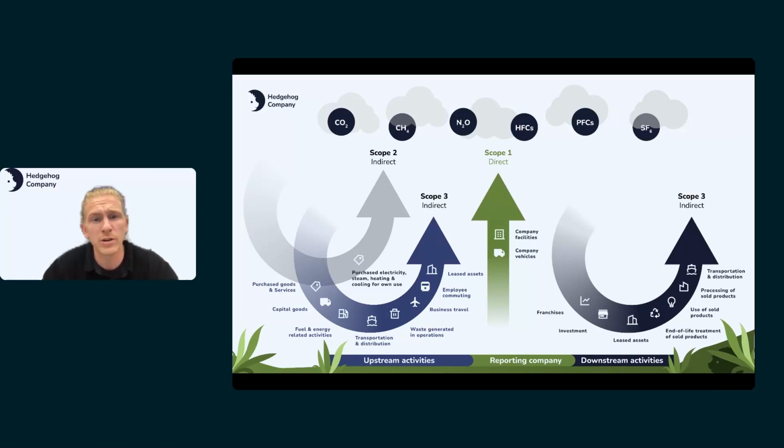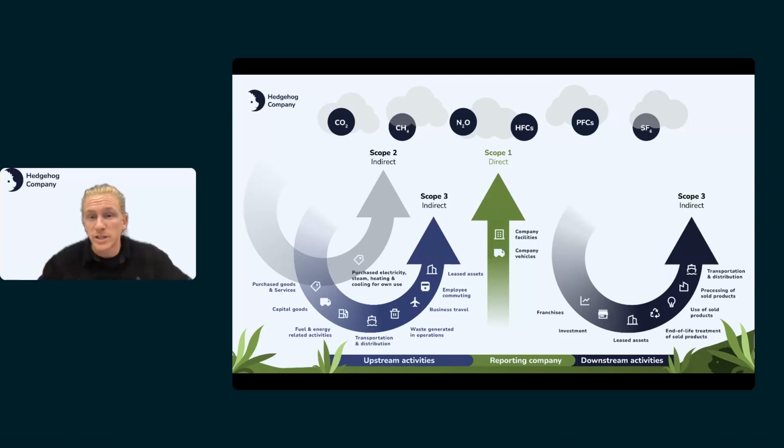When we're moving a few categories to the right, almost on the right side of that same arrow, we can see employee commuting and business travel. For many service organizations, for example service providers, these two are very important categories because relatively they contribute a lot to the carbon footprint.